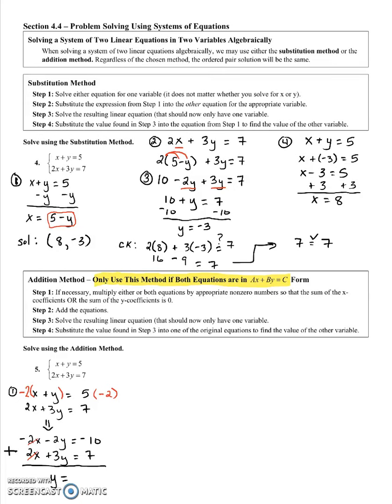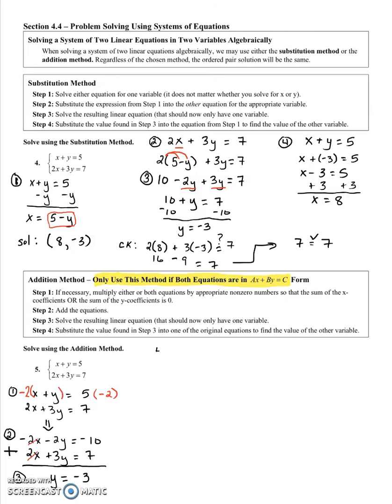And I have a negative 10 plus 7, which is a negative 3. So here's step 2, where I add the equations, and step 3 was kind of a bust.